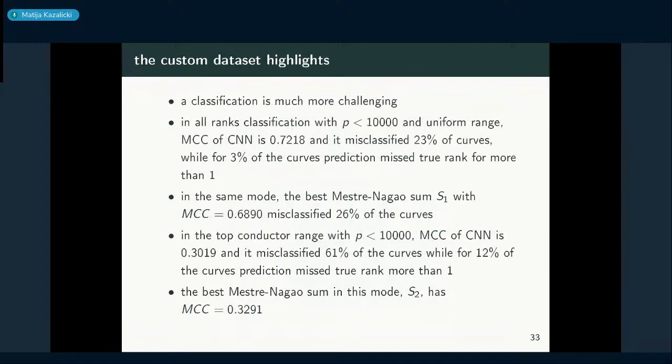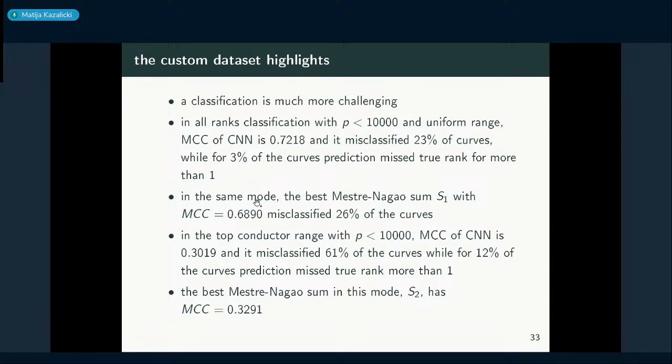So to highlight the performance on the custom dataset, we can say that the classification here is much more challenging. In all rank classification with P less than 10,000 and uniform range, the Matthews correlation coefficient of CNN is 0.728, which means that it misclassified 23% of the curves, but still only 3% of the curves have prediction error more than 1.